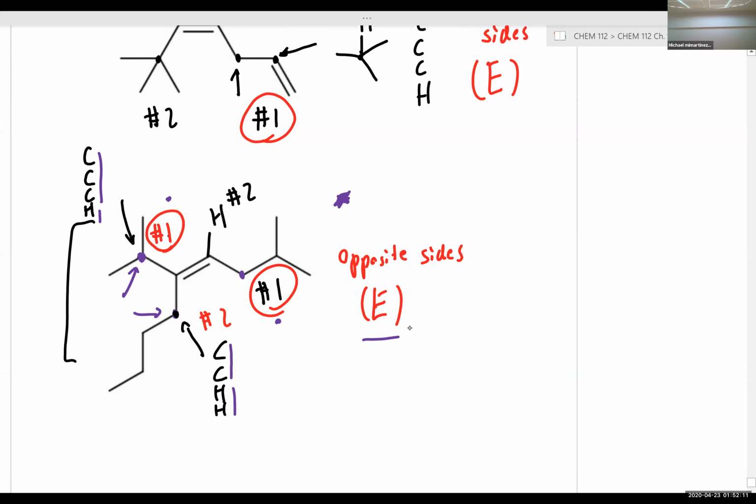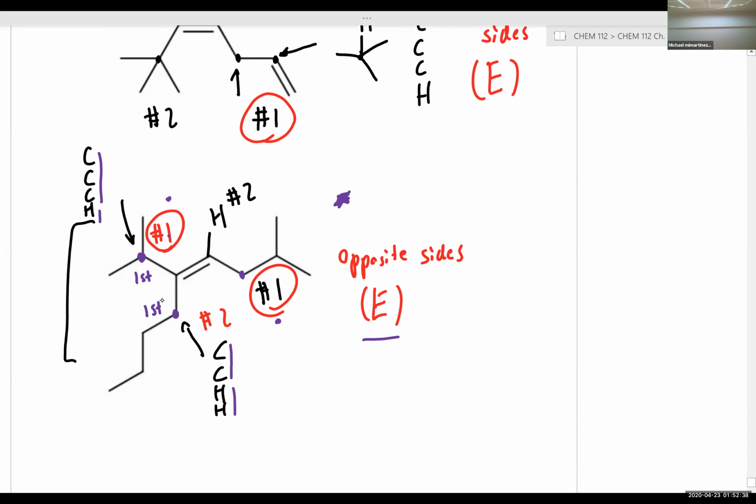Does that make sense? So we look at the first carbon out. These are both the first carbon out.